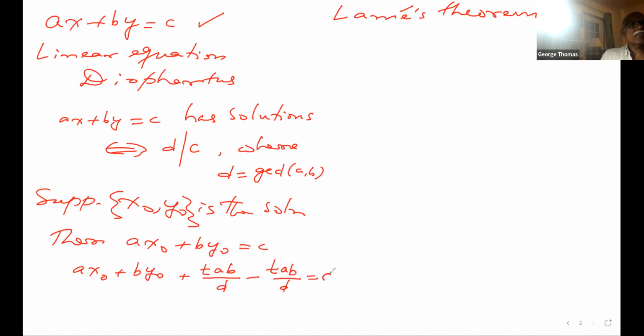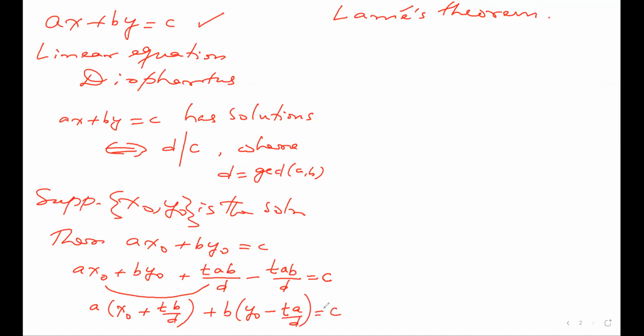The value of c is not changed, is it? No. But by doing that, I can combine these and get a times (x naught plus t b over d) plus b times (y naught minus t a over d) equals c still.